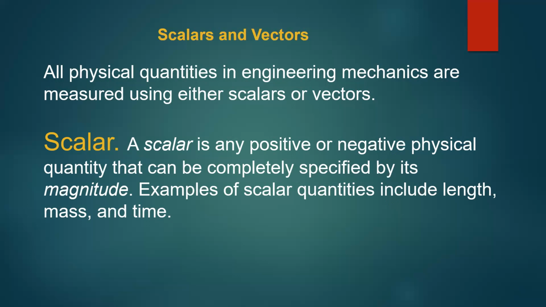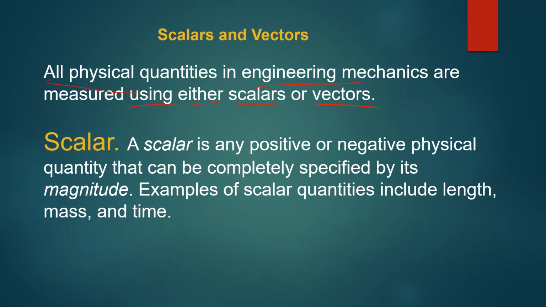It has no direction. Examples of scalar quantities include length, mass, and time. There's also this point which says all physical quantities in engineering mechanics are measured using either scalars or vectors. It's also an important point.